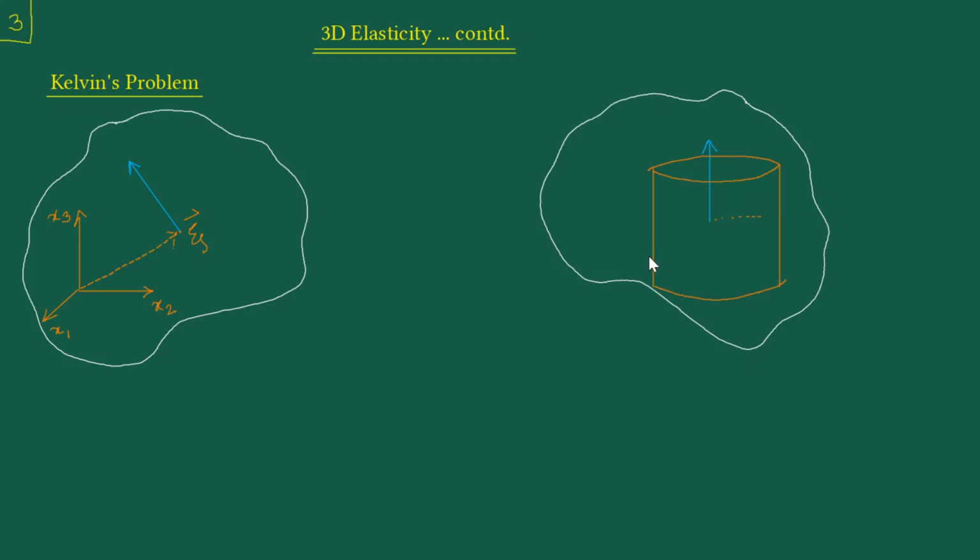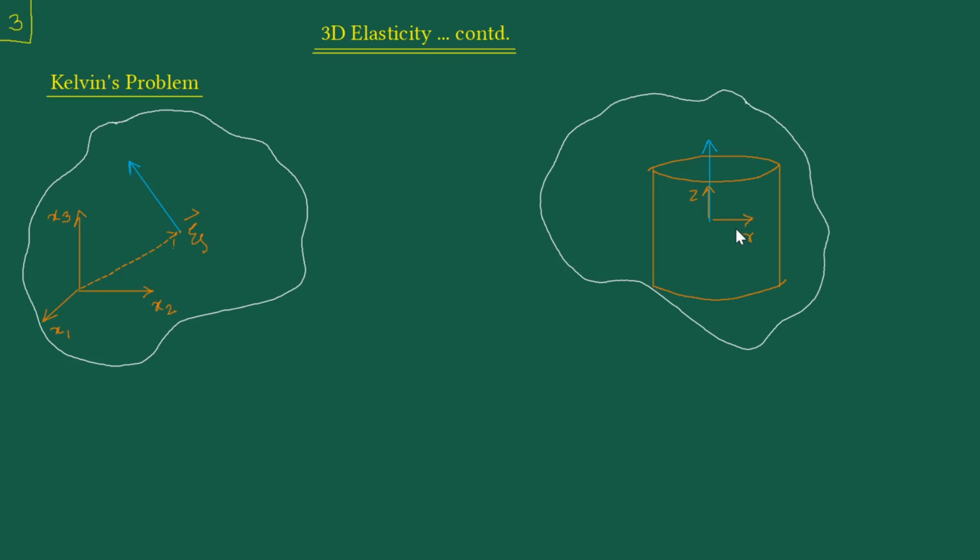Because of this kind of nice cylindrical symmetry, we can consider a cylindrical coordinate system, which is a much more specific thing to talk about, going from this x1, x2, x3 system. We'll consider a cylindrical coordinate system where this direction is r, this direction is z, and since there is no dependence on theta, we don't have to talk about it.